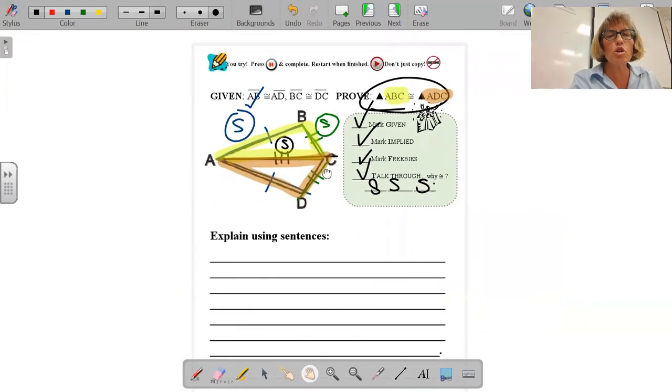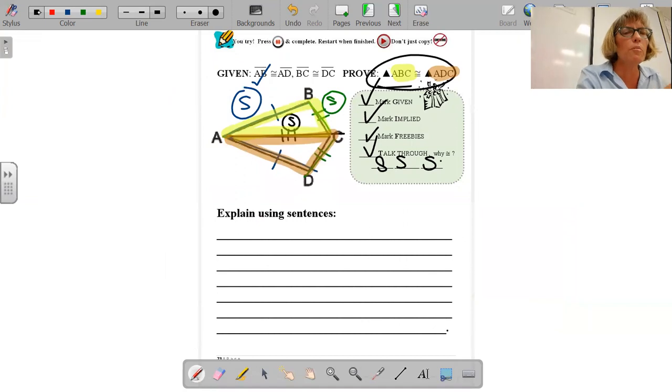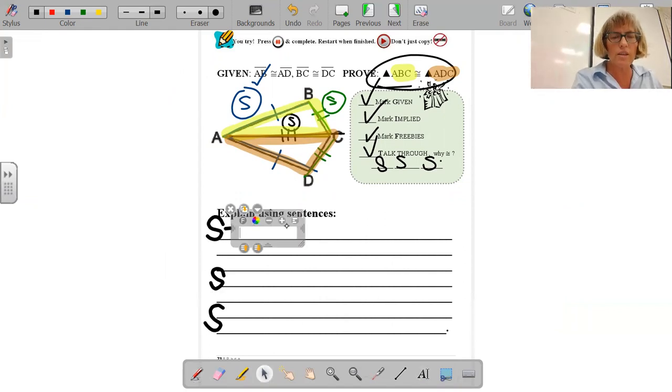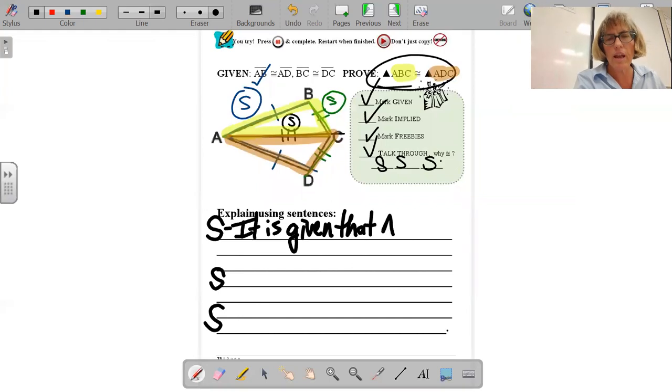So your sentences should look something like this. Does not mean that you have to mark them wrong, just as long as you have the same components as I do. I'll write it out. It is given that AB is congruent to AD.